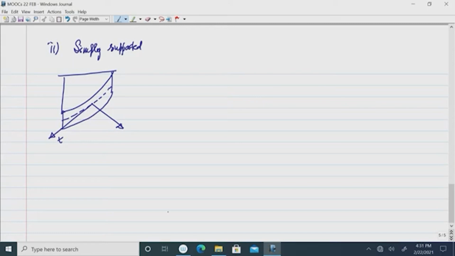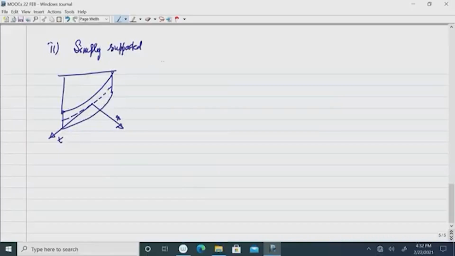Now, along the normal direction, the normal stress is sigma n. In the simply supported condition, the moment and deflection are 0. So, one condition at the curvilinear boundary is w equal to 0, which is easily satisfied, but the second condition is that m n equal to 0, the bending moment along the normal direction has to be 0.